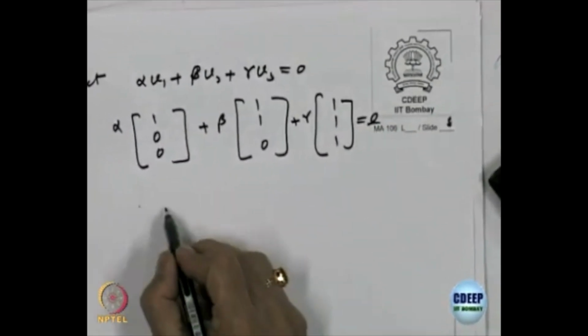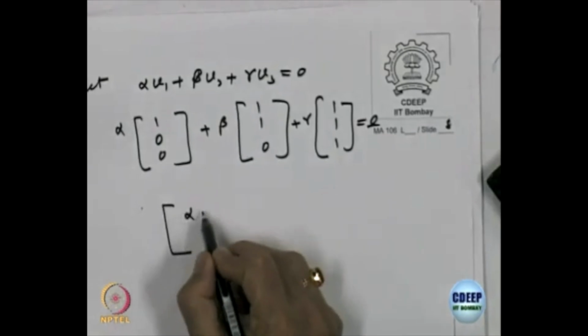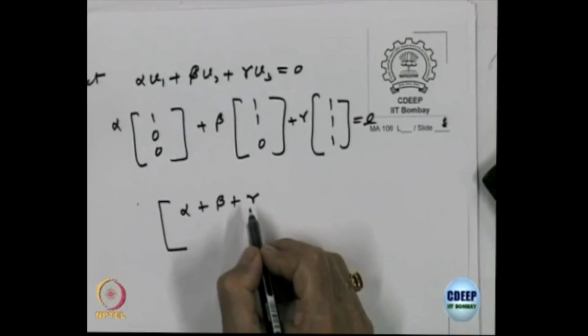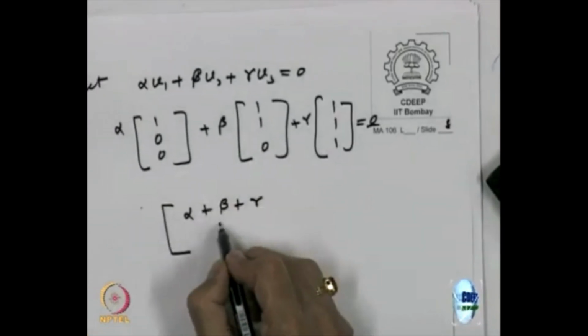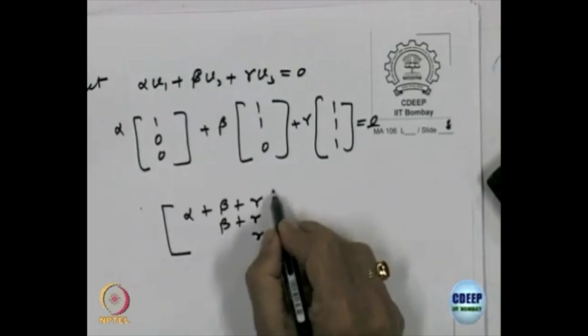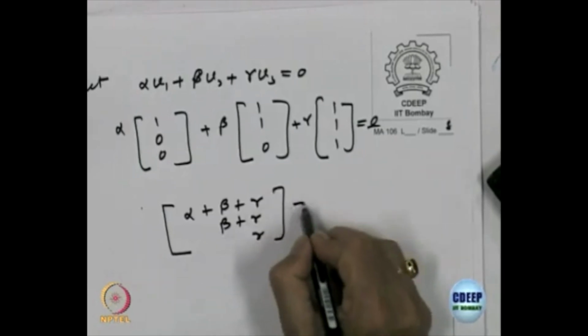Let us simplify. It means alpha plus beta plus gamma, that is the first element. What is the second? That is beta plus gamma, and that is the third one, gamma, should be equal to 0.